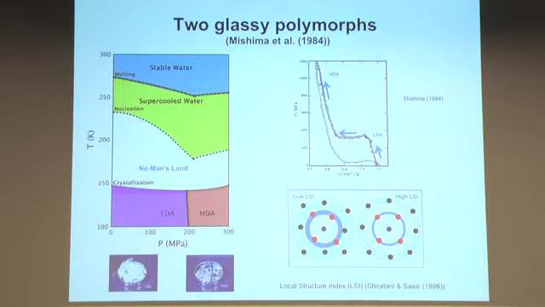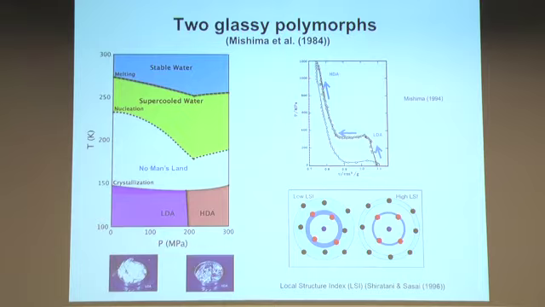One thing that I want to mention here, however, is that both when the system is in this structure, which would correspond to high density amorphous ice, and when the system is in this structure, each water molecule is still tetrahedrally coordinated.